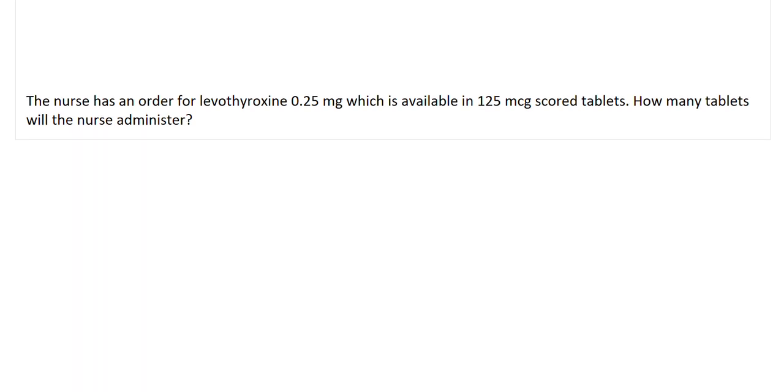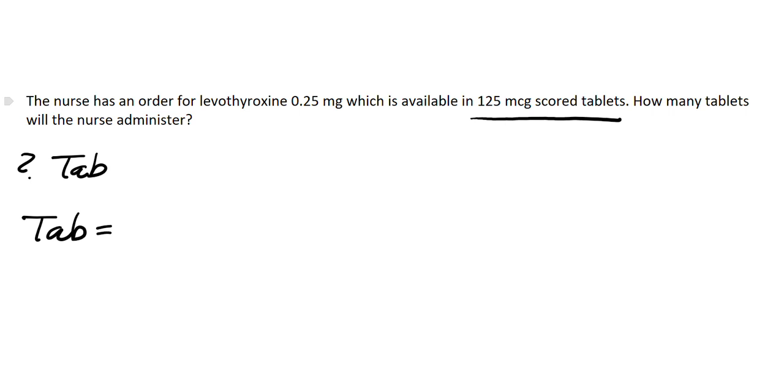This one is asking how many tablets will the nurse administer. You want to know how many tablets, right? So let's start with tabs. What do we have? We have 125 mic tablets.